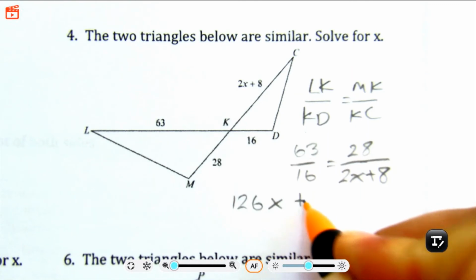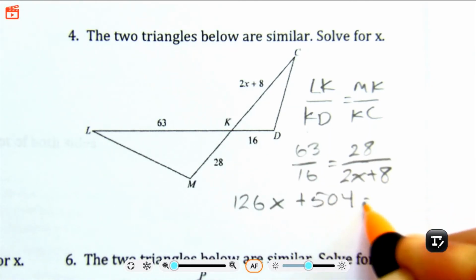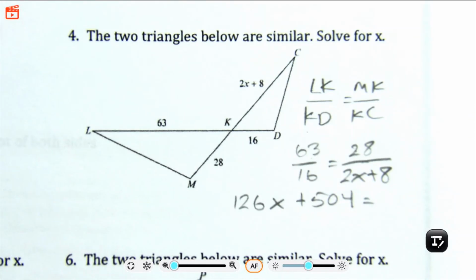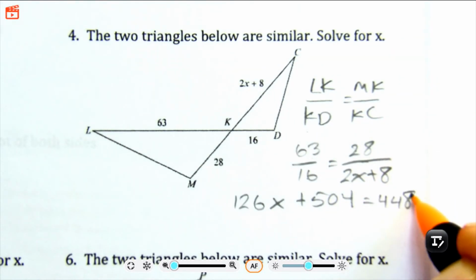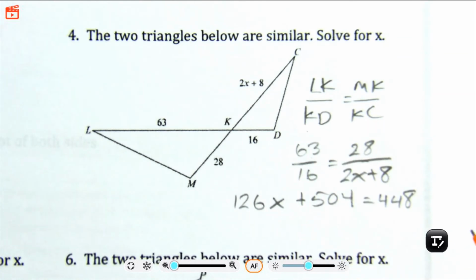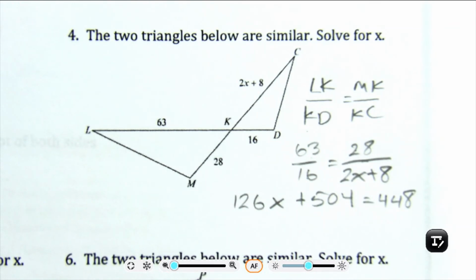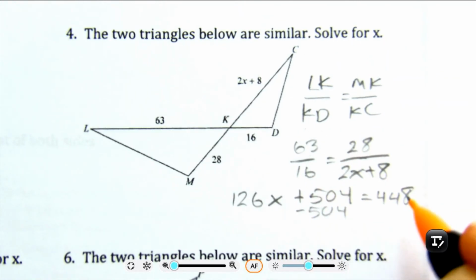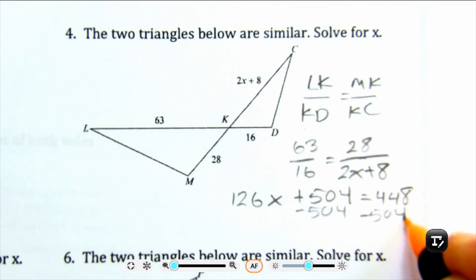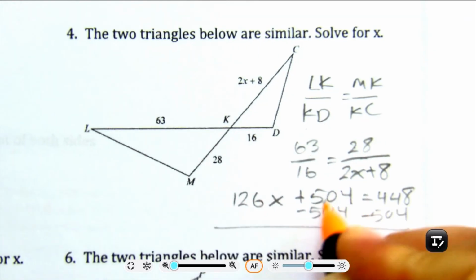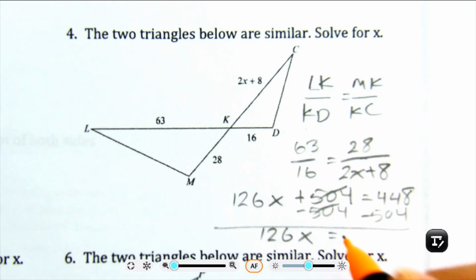And if I multiply 16 and 28, I get 448. Then I would subtract 504 from both sides. And I get 126x equals negative 56.